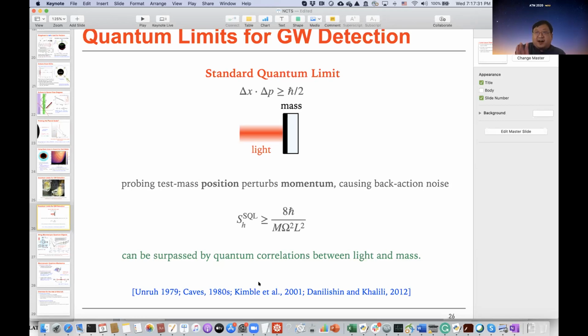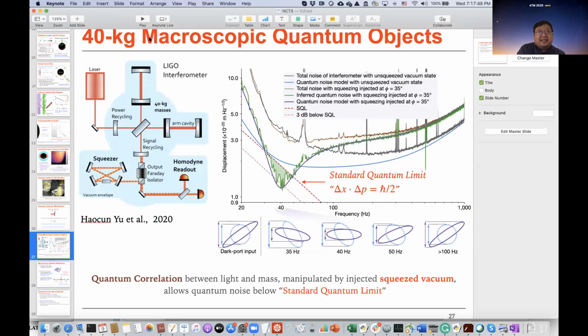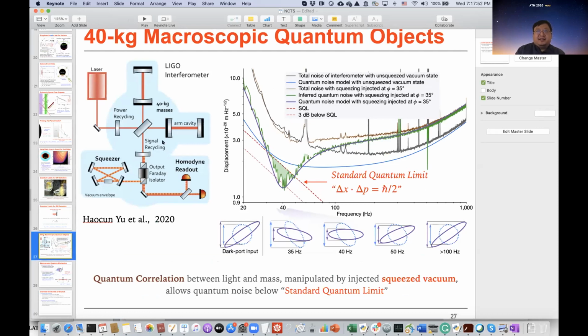As it turns out, this kind of limit can be surpassed by establishing quantum correlations between light and masses. So the theory of this has been proposed in the past 20 years, I guess, but it's only more recently that experimentalists in LIGO have achieved such a situation.